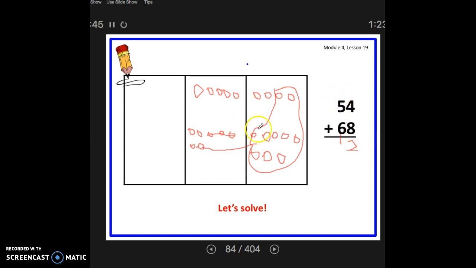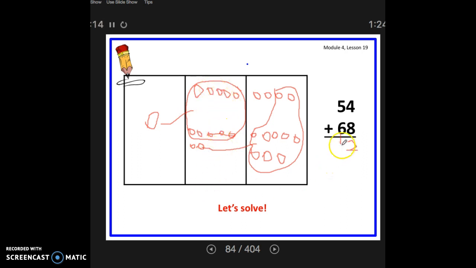All right, so now I have to add up my 10s. Can I make another 10? Well, let's see. I have 5 up here and 7 here. Yeah, I can. So I'm going to circle these guys over here, and I'm going to make this into 100. Okay, so what do I have left? I don't have my 10s placed the way that it used to be. I now have 12 10s.